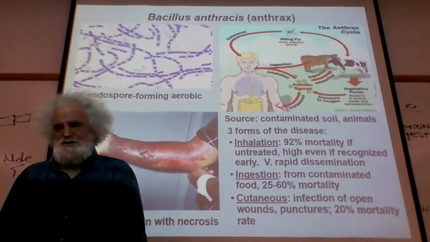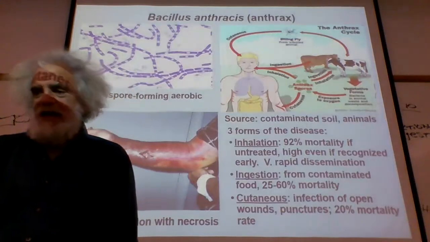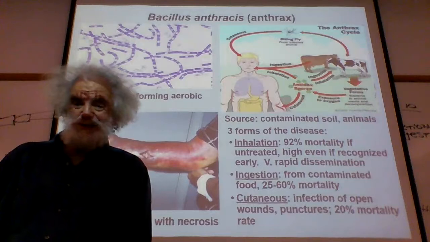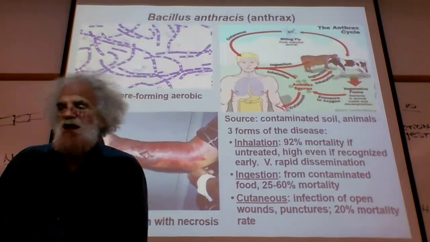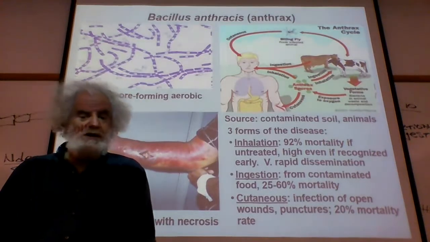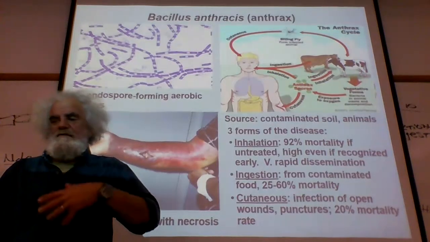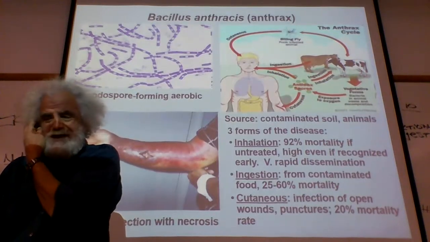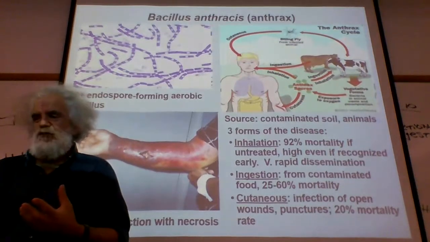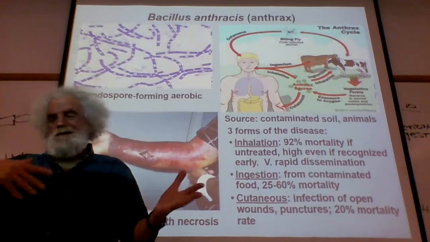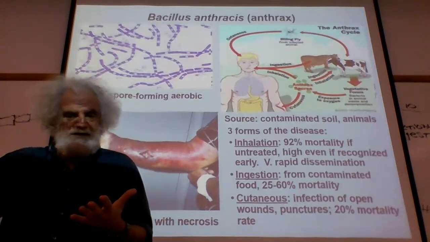It is a gram-positive bacteria. It's aerobic, and it forms endospores, which means it's pretty darn tough. The source is primarily soil. Animals can further contaminate the soil. And so anthrax spores can then germinate and begin spreading as bacteria.